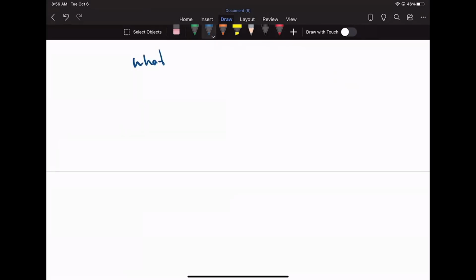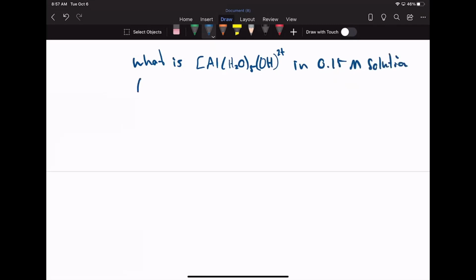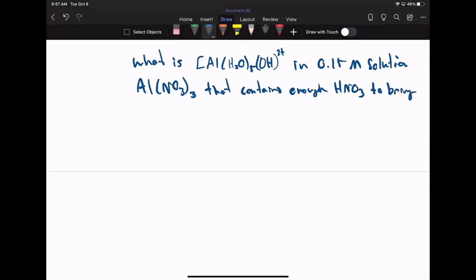What is the concentration of Al(H2O)6, we'll say, in a 0.15 molar solution of aluminum nitrate that contains enough nitric acid to bring the concentration of hydronium to 0.10?